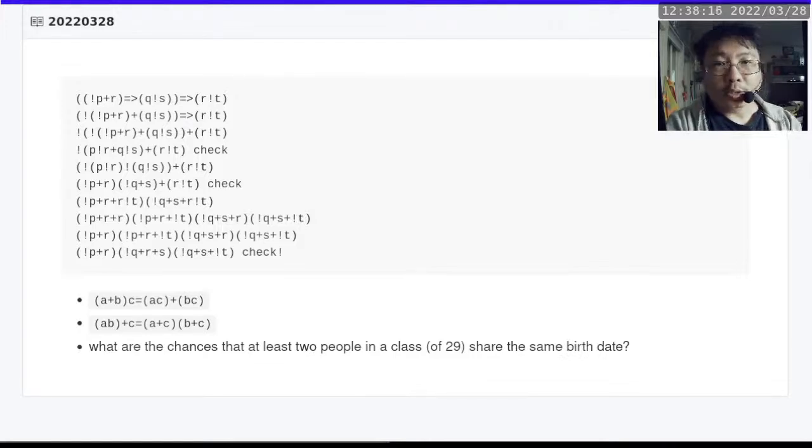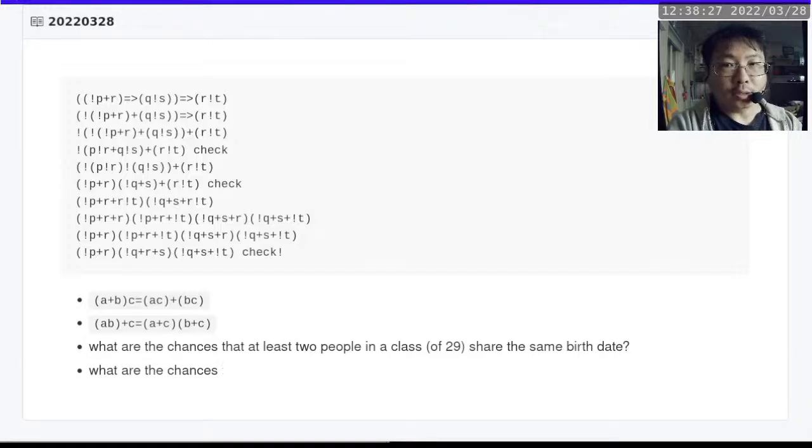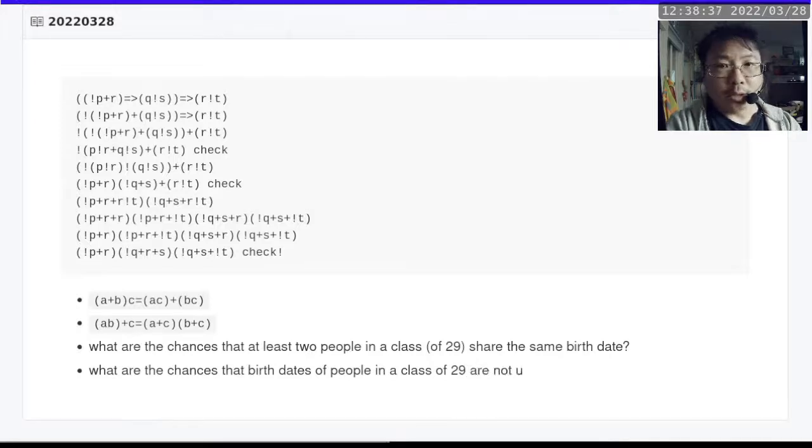That was the original question. But the original question can be restated in a way that is easier to solve. The other way to say this is, what are the chances that birth dates of people in a class of 29 are not unique?